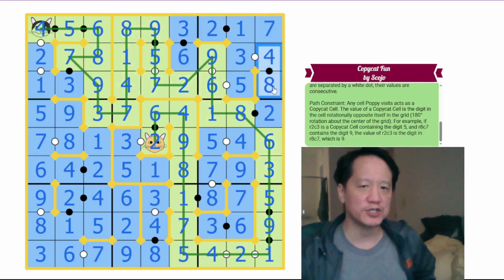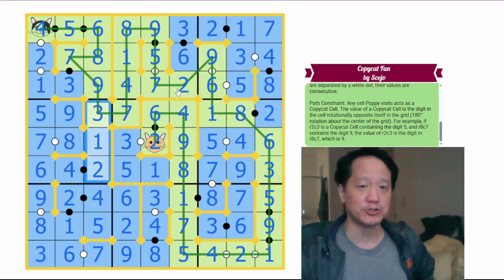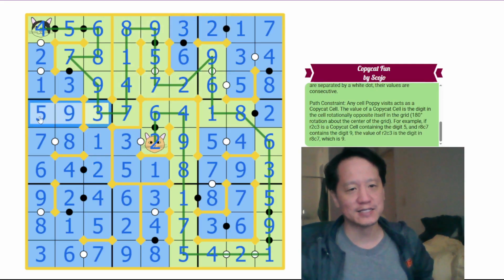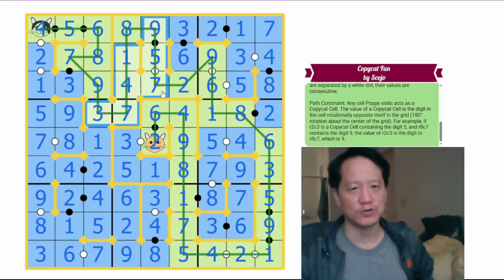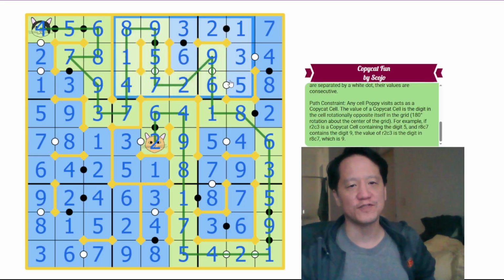So it was solving this part, but figuring out it could not actually be both. This could not be essentially a copycat. And then that forced this path to either go this way or this way, right? And then the easy contradiction was if we checked this path. Sorry, the contradiction was easy to find if this was not the copycat.